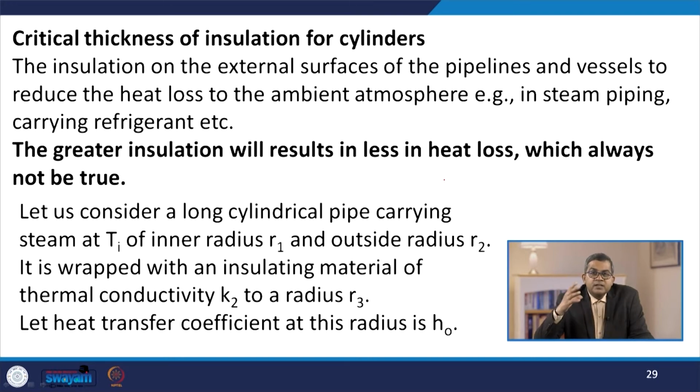So let us consider a long cylinder pipe carrying the steam at T1 of the inner radius R1 and outside radius R2. It is wrapped with an insulating material of the thermal conductivity K2 to a radius R3. So let heat transfer coefficient at this radius be H naught.